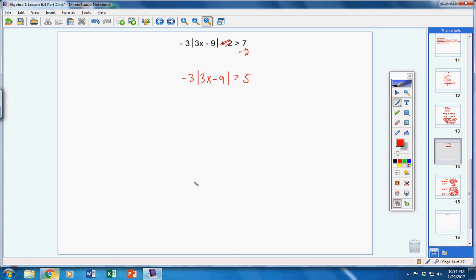Now, divide both sides by negative 3, and don't forget to flip the arrow, guys. The absolute value of 3x minus 9 is less than negative 5/3. Because I divide this side by negative 3 and they cancel, and I divide this side by negative 3, I'm left with negative 5/3.